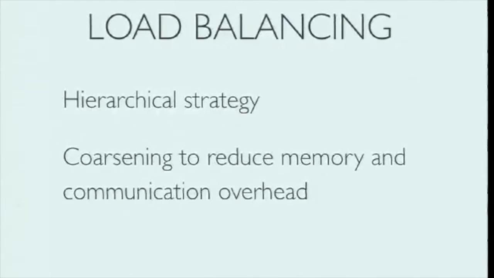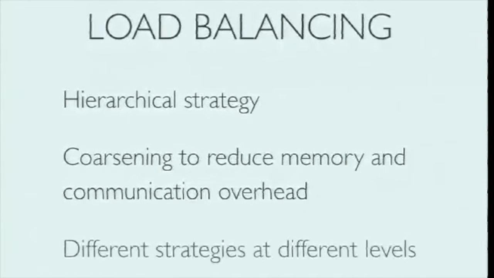In order to further reduce the memory and the communication overhead in these hierarchical strategies, we use some amount of coarsening to combine different objects and then send that information up in the hierarchical tree. The key thing is that we can now use different load balancing strategies at different levels.